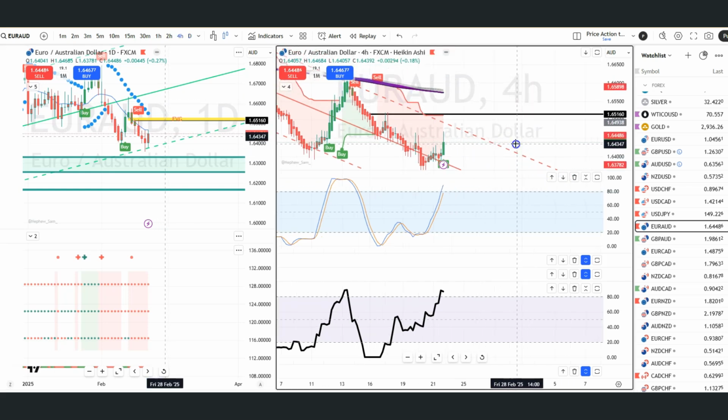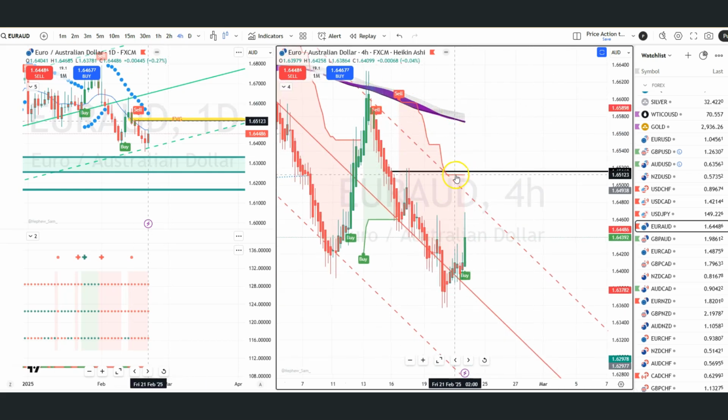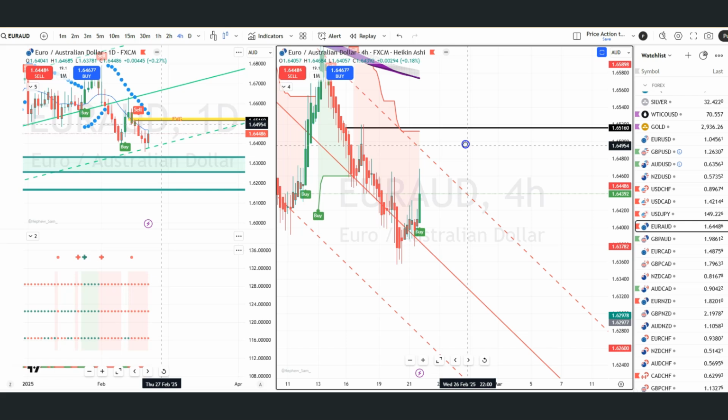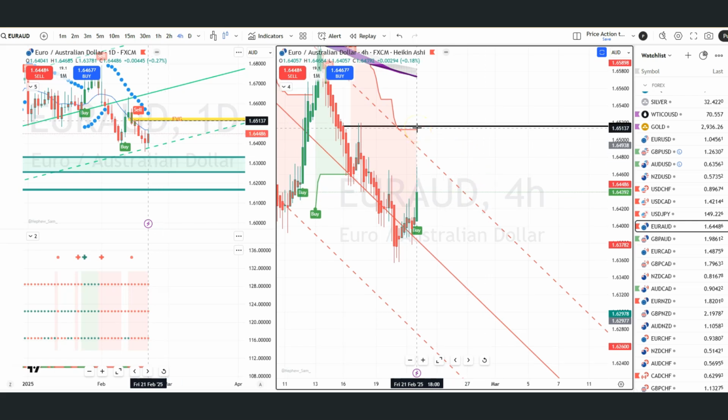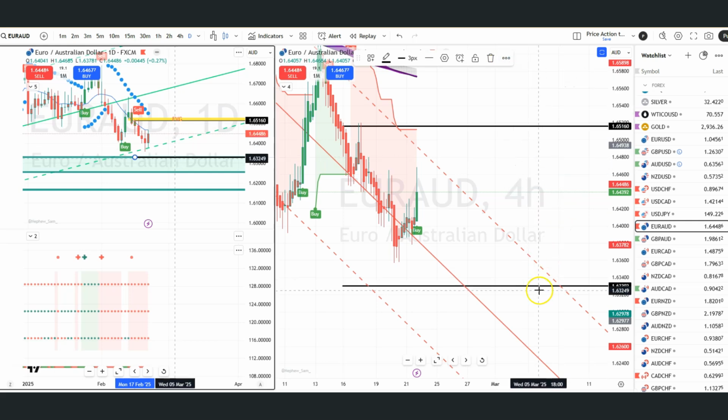We can see that that actually coincides really nicely with our chart on the 4-hour chart below the 200-day moving average, and any kind of reaction or rejection, in particular at 165.20, is highly likely to give us a selling opportunity this week. So we can see the targets. You can draw that in, and then we can sync it, and we can see our target. So you're looking 165 down to 163.30.